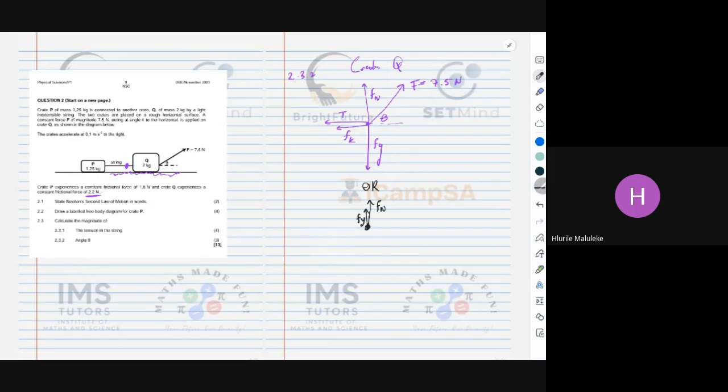And then you're going to have your T here. And then you have your Fk. And then you're going to have your Fx. These are components. Remember, these are components. So how do we get these components here? This is how we get our components.